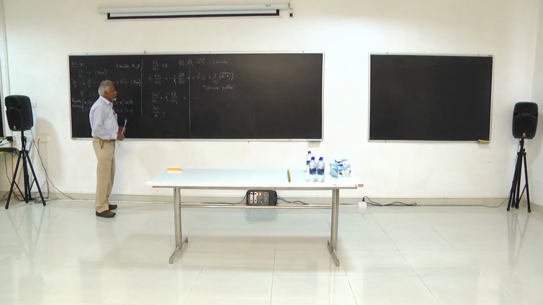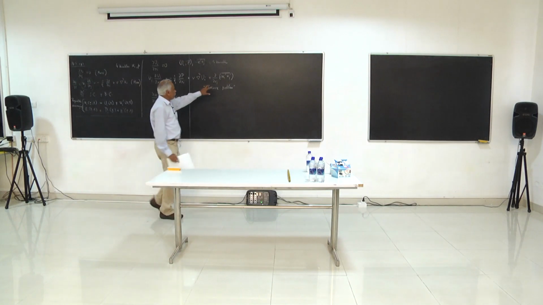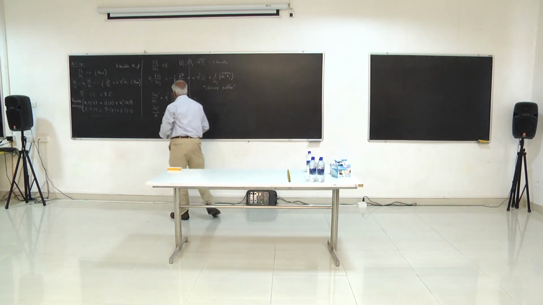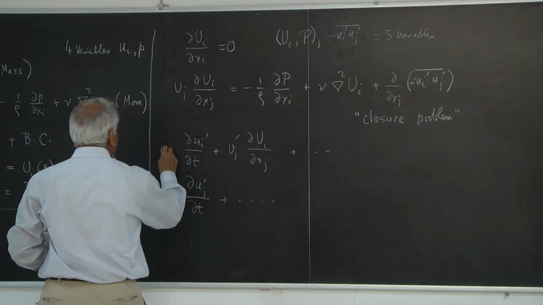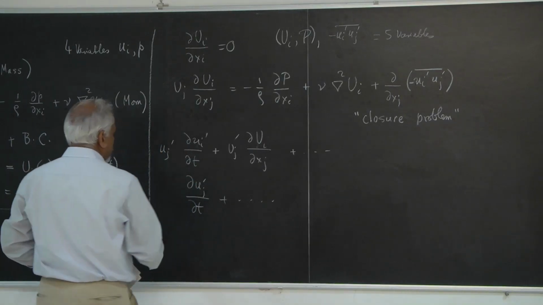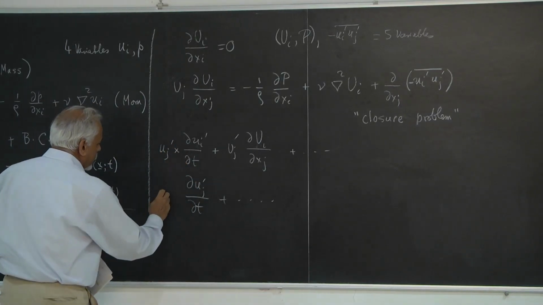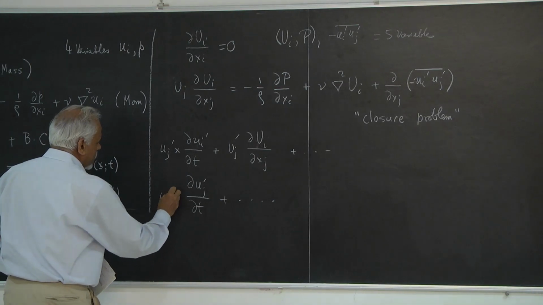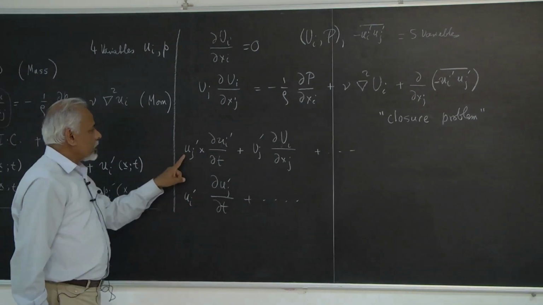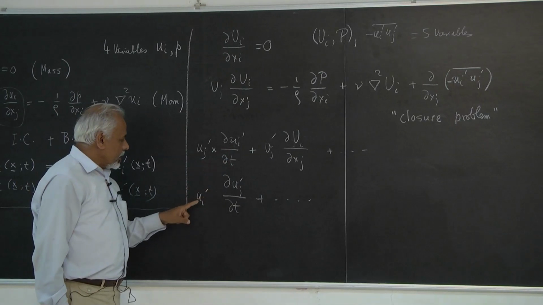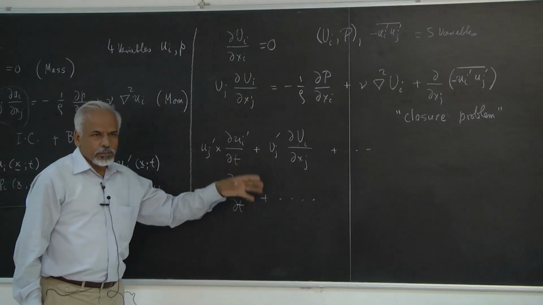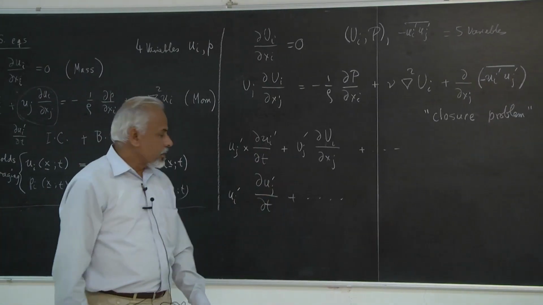And now what you do is, if I want to write an equation for ui prime uj prime, I multiply this by uj prime, and I multiply this by ui prime, and I take this inside there, and I take this one also inside. I have to be careful how I do it and all that.